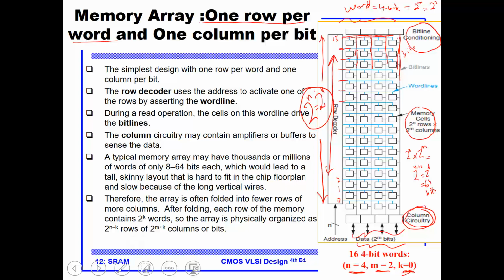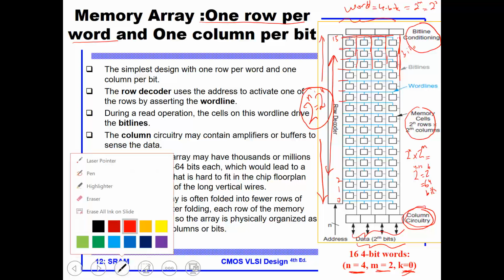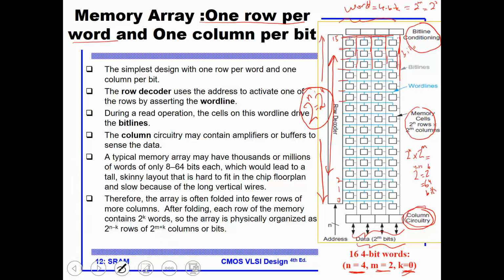Also, we need to understand this decoder, which activates one horizontal line. In this case, the horizontal line represents one word. In the next slide, we will see that this horizontal line represents more than one word. So it activates one horizontal line.